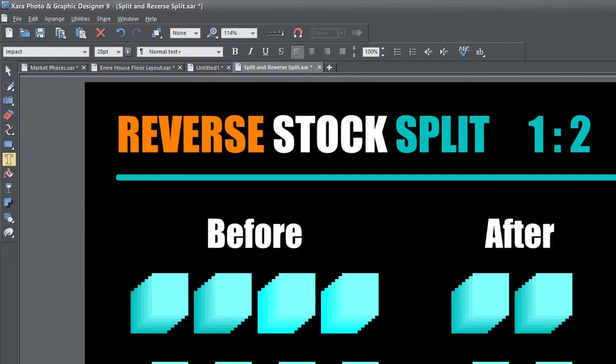An example would be if you had 80 shares and they were $100 each, that means you would have $8,000. Well, if you reduced it down to 1-to-2, you would have 40 shares, but each share would be $200 each, still equaling out to $8,000.